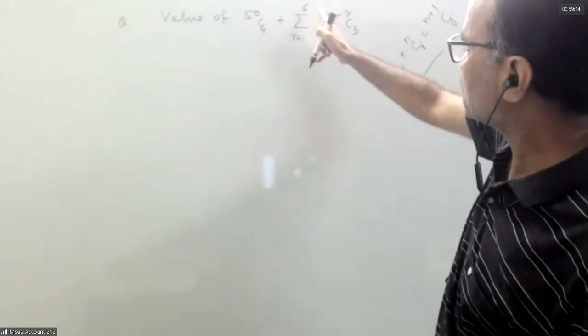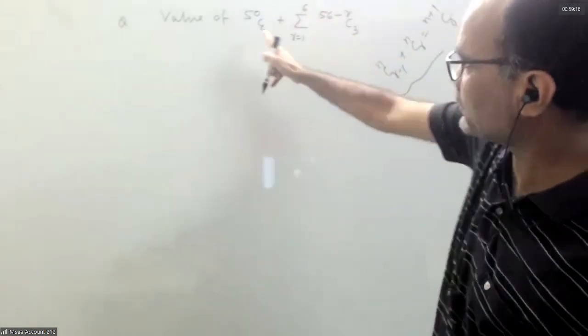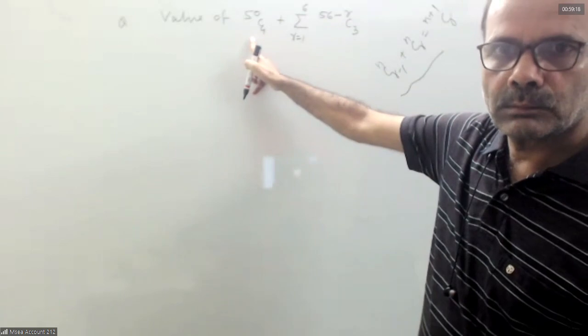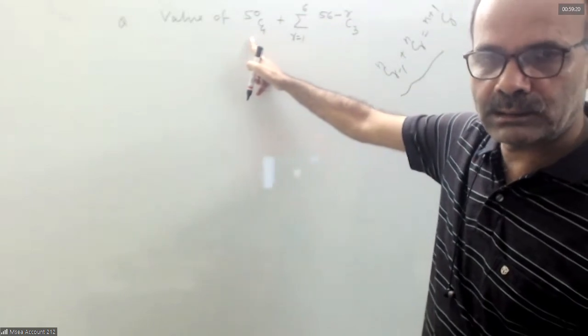For r equal to 6, it is 50C3. 50C3 plus 50C4, we can merge it.